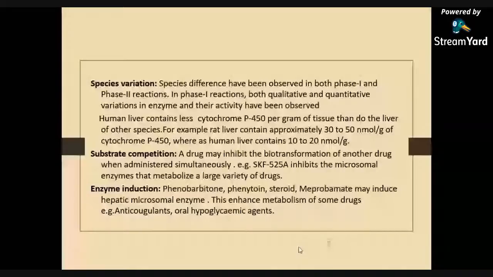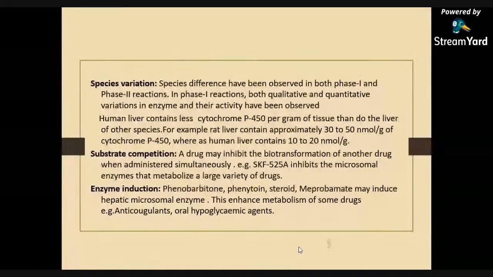For example, rat liver contains approximately 30 to 50 nanomoles per gram of cytochrome P450, whereas human liver contains 10 to 20 nanomoles per gram. So this is all about species variation. If species variation is there, it will directly or indirectly affect the metabolism.